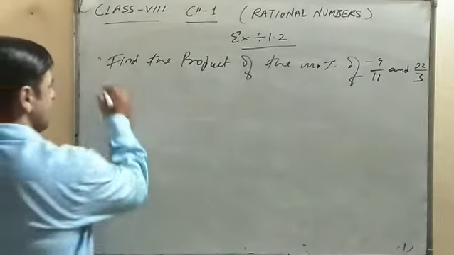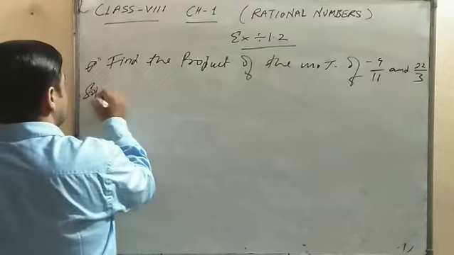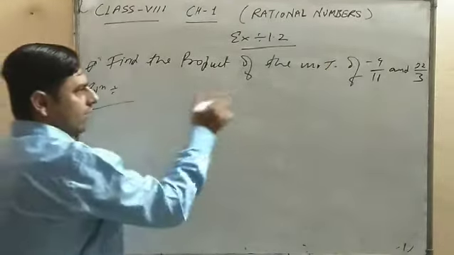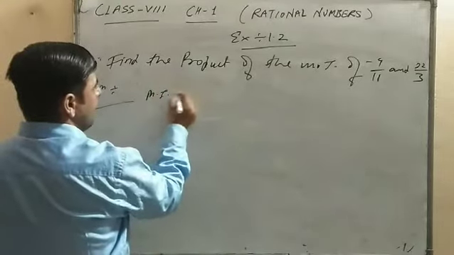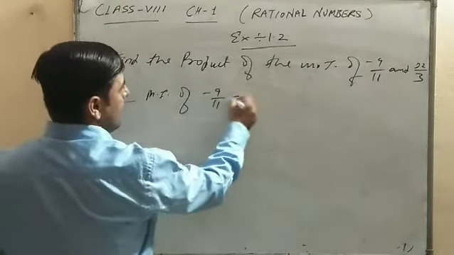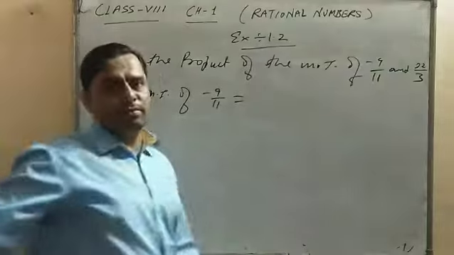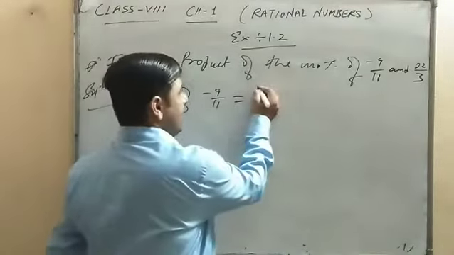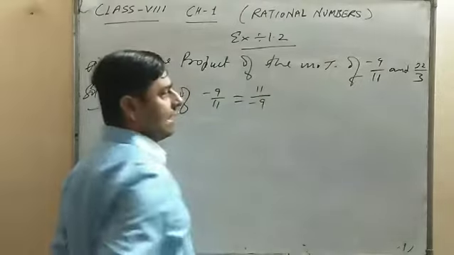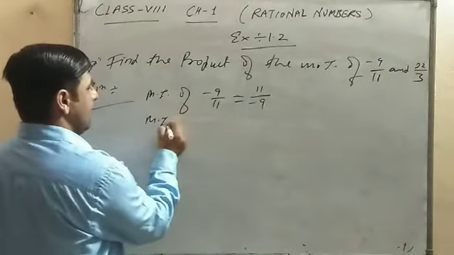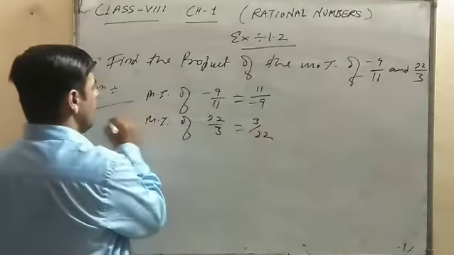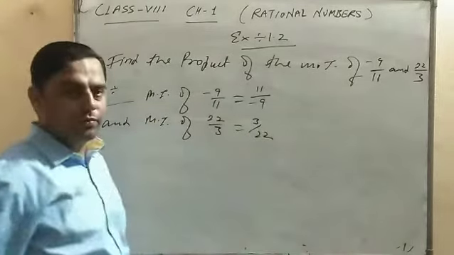So let's see. Firstly, we will find the multiplicative inverse of the given numbers. The multiplicative inverse of minus 9 by 11 means the reciprocal of this number, so it can be written as 11 upon minus 9. And the multiplicative inverse of 22 by 3 is 3 upon 22.